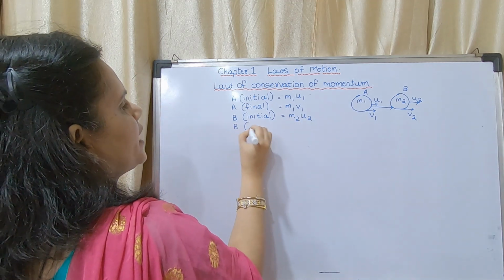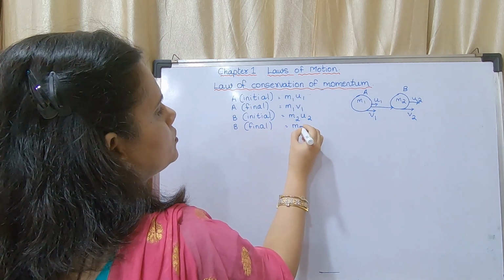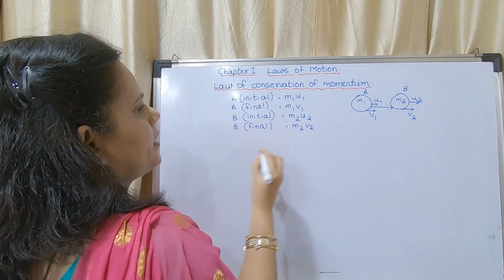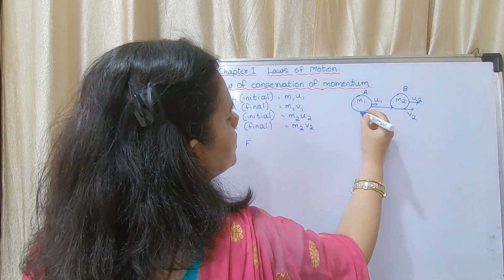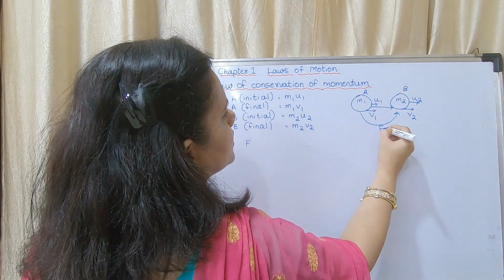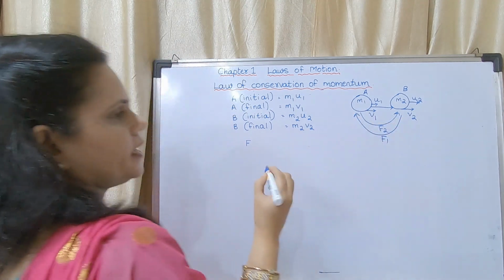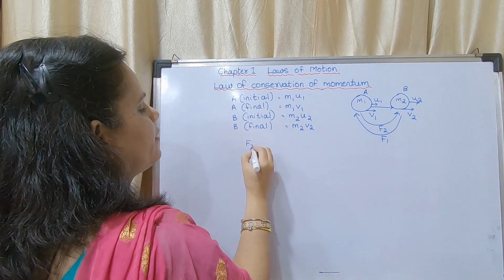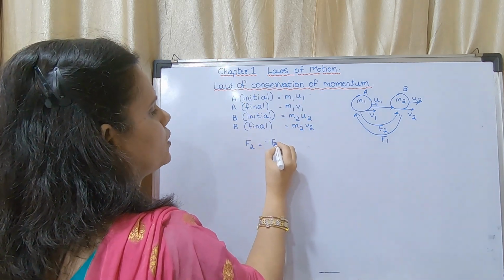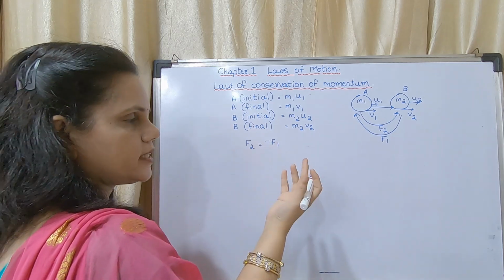For B, final momentum is equal to m2 v2. If force F2 is acting on this, then F1 will act on the first. So F2 is equal to minus F1. Why minus? Because it is in the opposite direction.